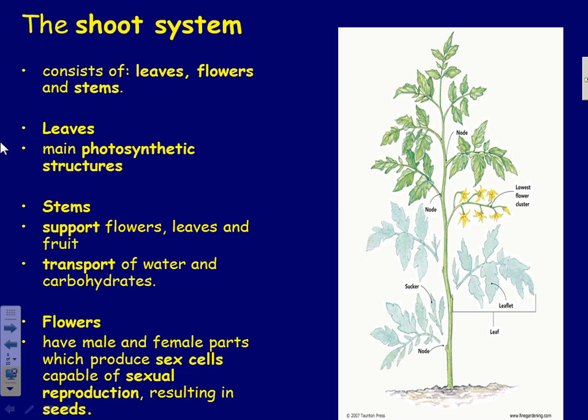Leaves, main photosynthetic structure. That term simply means that's where photosynthesis takes place. Stem, supports the flowers, leaves, and fruit. Main job here also is transport of water up from the roots and carbohydrates, any food that was created in the leaves, back down to its storage location, which could either be the fruit or the root.